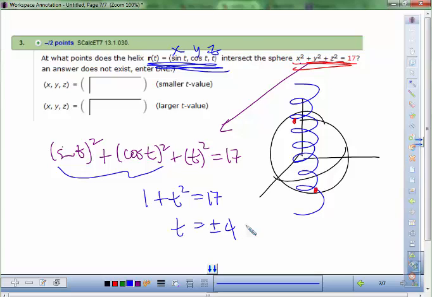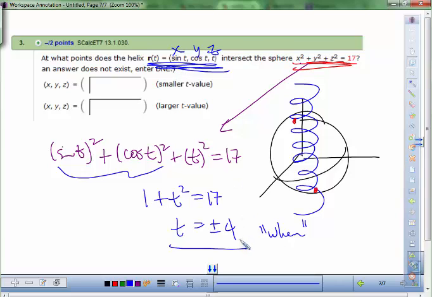You have to plug into those values, right, the vector, to get the points. So t is equal to 4 tells us, if we want to relate t with time, when we're going to intersect. By putting it back into the vector equation, we're going to get our values.